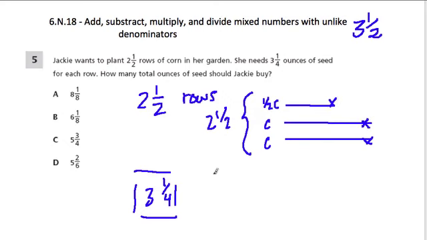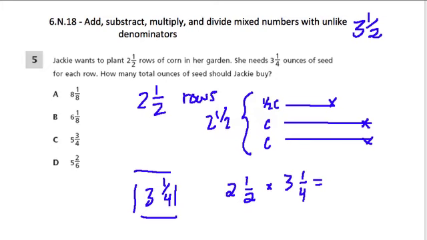So one easy way to do this would be to say, what is 2 1/2 rows times 3 1/4? There are many ways to do this. My first strategy is to take everything and convert it to the improper fraction. I just find working with fractions much easier than dealing with a mixed number.